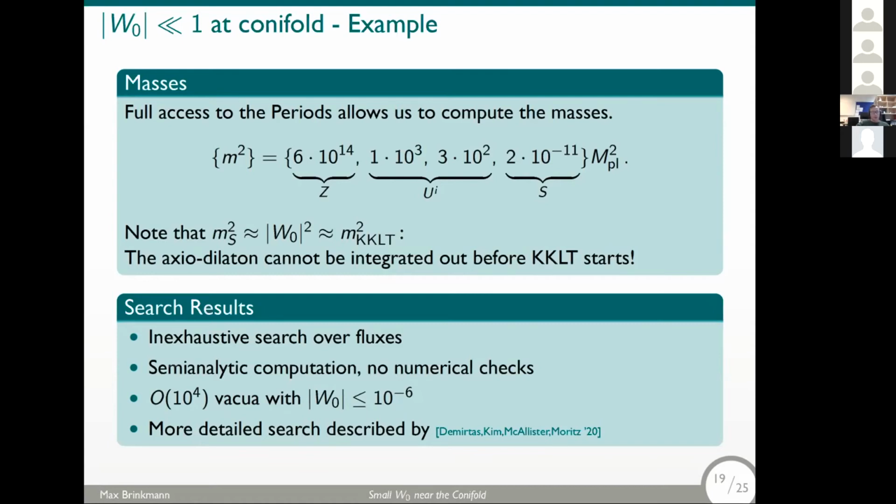We found of order 10 vacua with reasonably small fluxes and tadpole numbers with W0 smaller than 10 to the minus 6. We also found some flux combinations that gave W0 smaller than 10 to the minus 12, but those are numerical issues that appear then, and we are not sure if we can trust those. But 10 to the minus 6 is definitely completely fine. DKMM also have some words on a search they performed over fluxes in their paper. So if you're interested, please check it out.